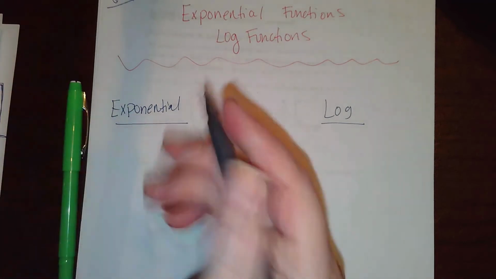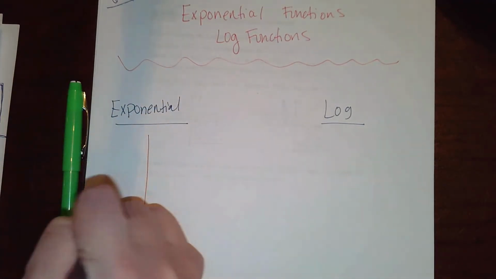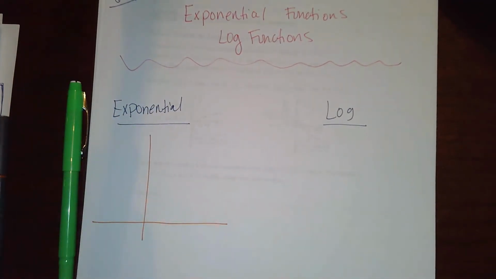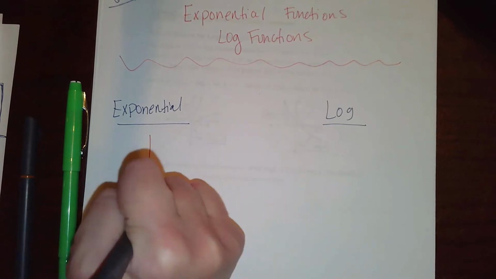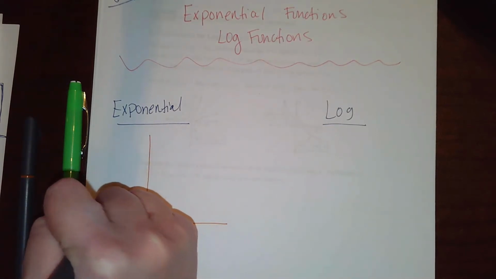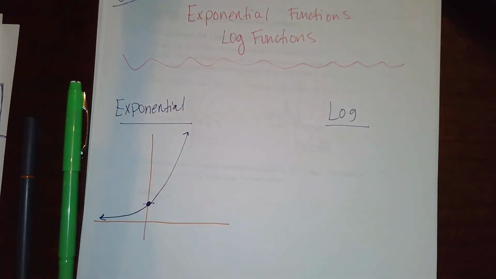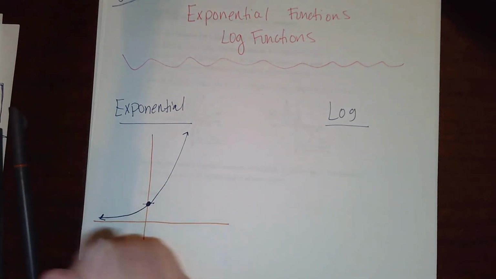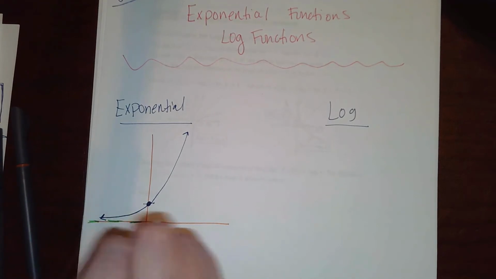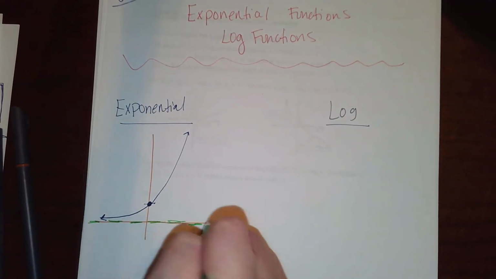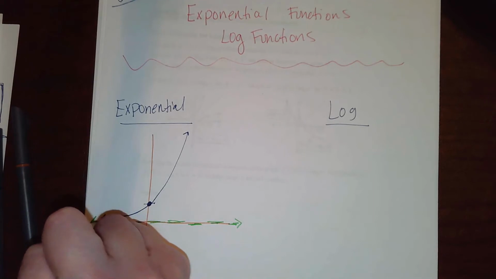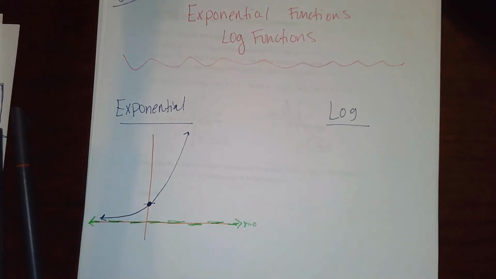All right, if we have an exponential function, let me do a recap. Here's my basic exponential function. It looks like this. We'll make it a growth. You might also notice that every exponential function will have an asymptote. I'm going to use a dashed line here and call that y equals 0.